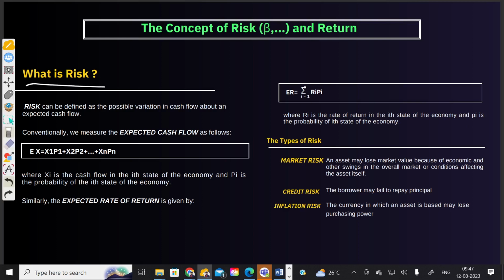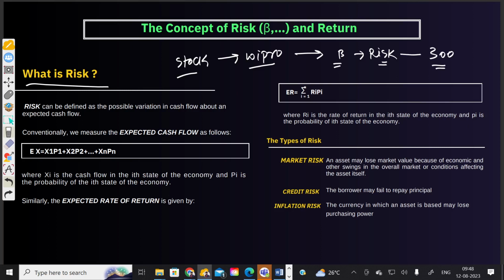When we say risk, right? When we say risk, understand this. What is the difference between risk and return? If I take the example of, let's say, the stock market, Wipro beta. Beta is the risk, right? Current market price is, let's assume, 300.